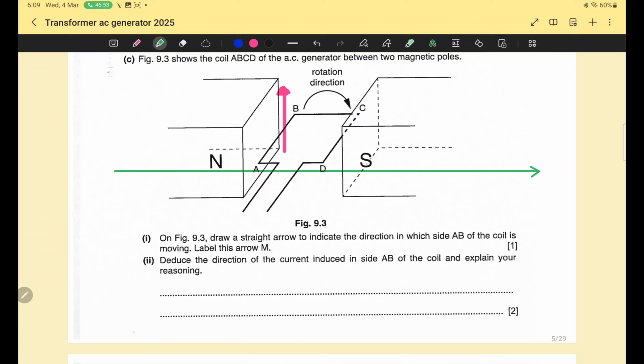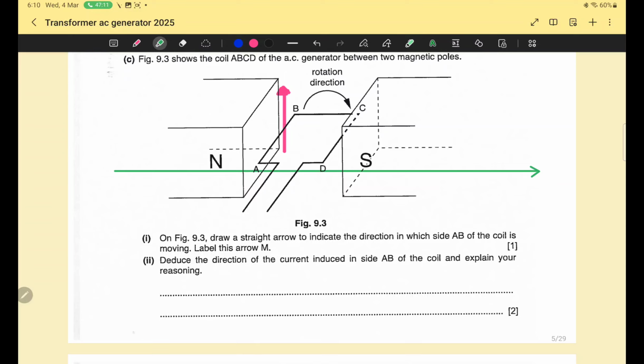So my first finger is from north to south, and my thumb is upward. Atif, where is the direction of current in AB? From A to B or B to A? Right hand rule. B to A?